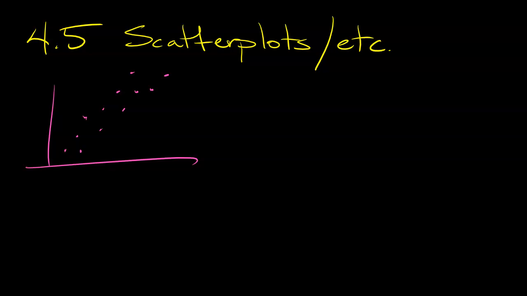Now, sometimes when you make a scatter plot, the points can be all over the place. But sometimes these points somewhat form a line. And when they form a line, that means that there's a correlation between the numbers.